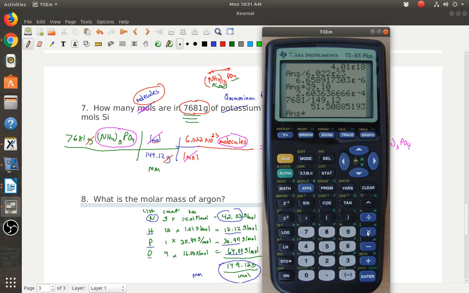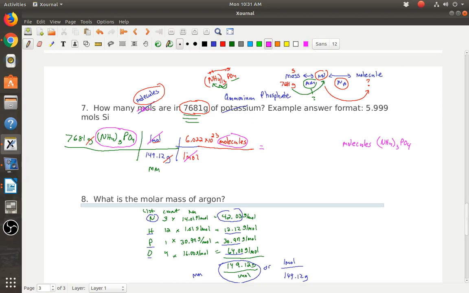Multiply it because 6.022 is at the top. 6.022, second function, E with a comma, 23, enter, and I get 3.1018 times 10 to the 25th.